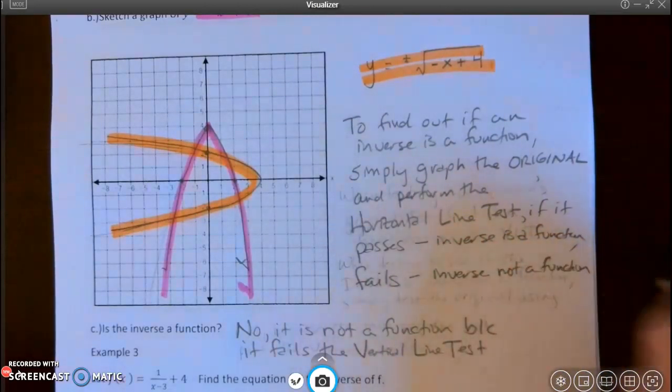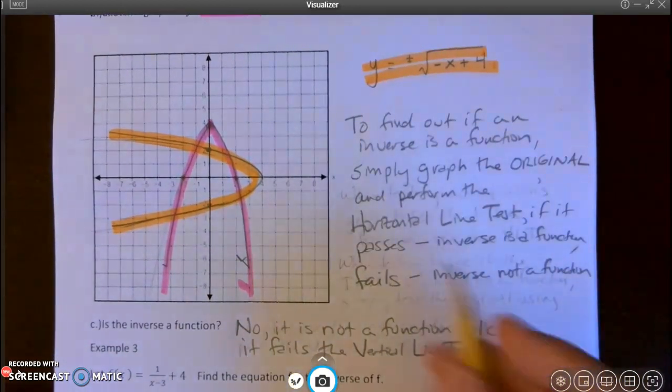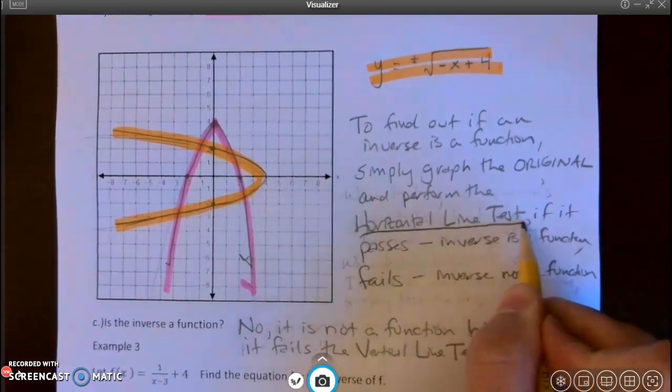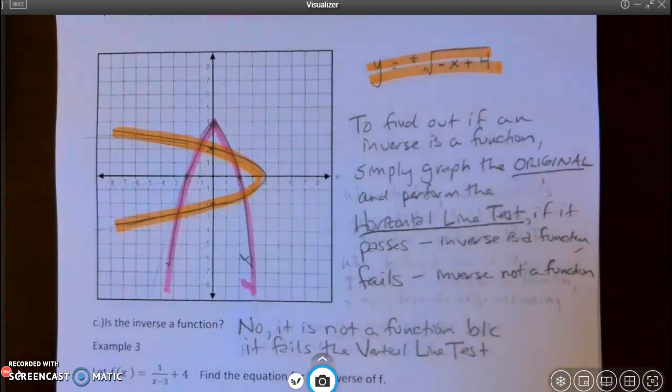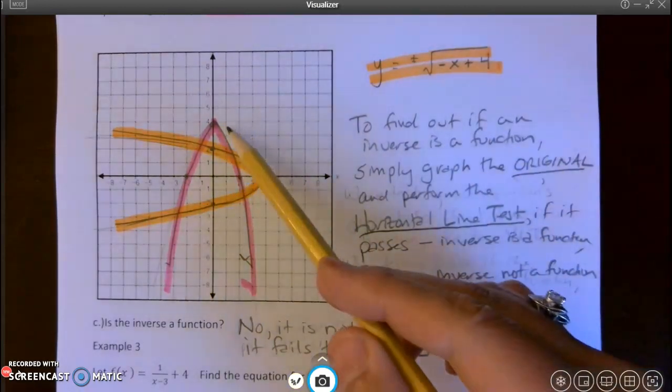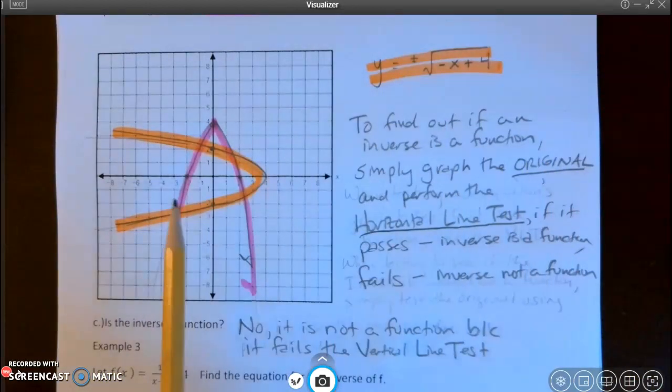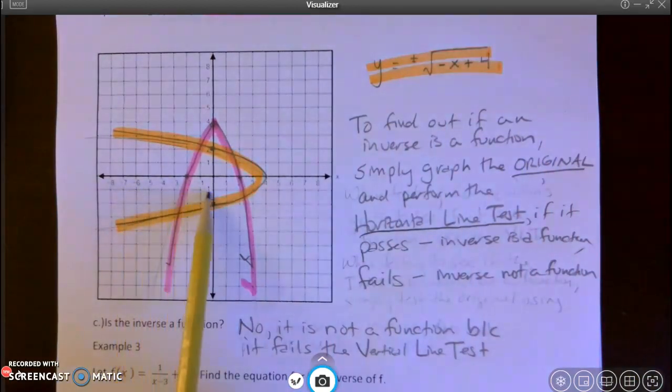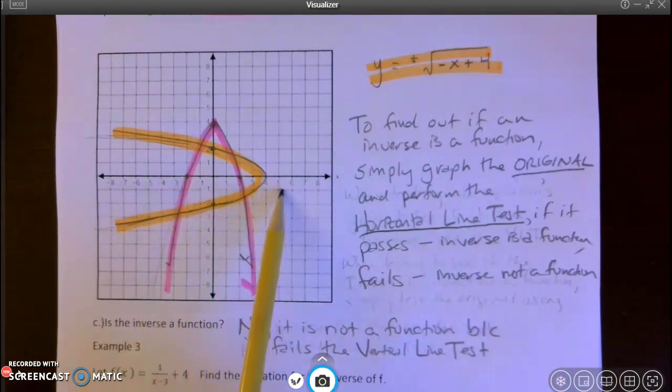Now, here's the confusion that everybody has. The horizontal line test is performed on the original, which is the pink graph. If I did a horizontal line test on this pink graph, I can see it would not pass.